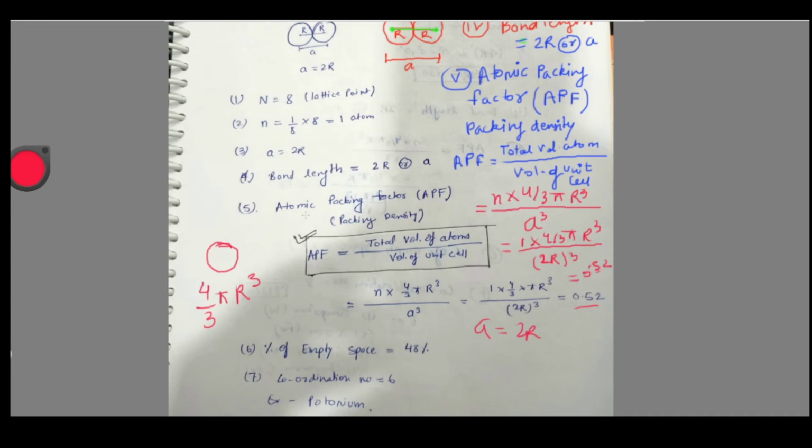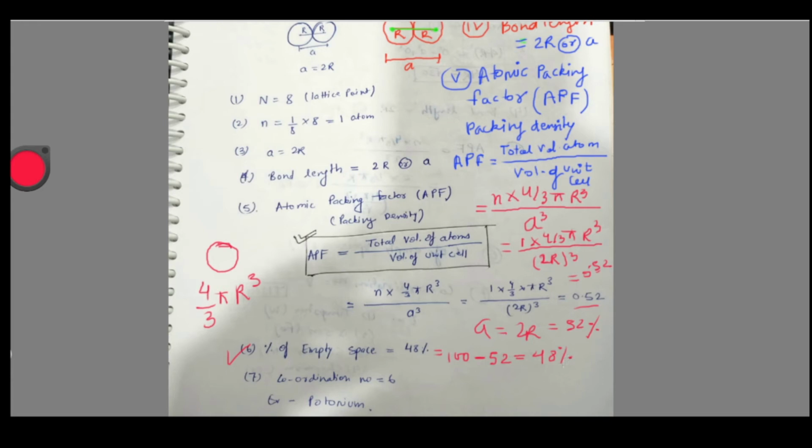So the atomic packing fraction for the simple cubic structure is 52%. Means 52% of the cell is filled with atoms, and the remaining empty space will be 100 minus the atomic packing fraction. So 52% is filled, so the empty part will be 100 minus 52, so 48% of the unit cell is empty.